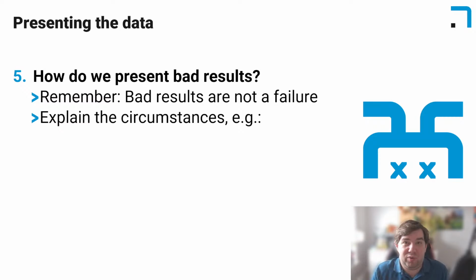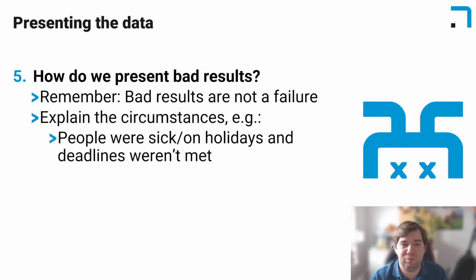How did these bad results come about? Maybe people were sick or on holidays, and therefore deadlines weren't met in time. Maybe deadlines need to be expanded in general. Maybe people were called into other projects or areas and needed to work on those, and that caused some delays and issues.